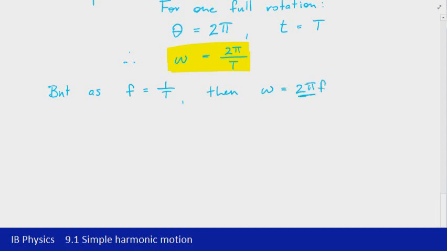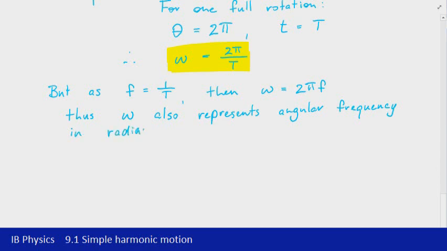So we're looking at an angle of 2 pi multiplied by the frequency, so as a result omega, as well as representing angular velocity, also represents angular frequency, and helps us to then apply that across to simple harmonic motion, and the measurement for angular frequency is radians per second. So always dealing in radians when we're dealing with angular measurements.